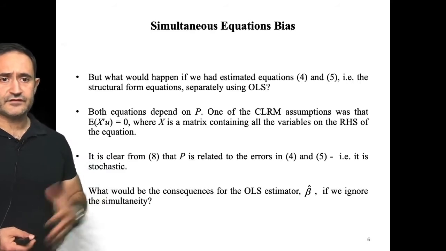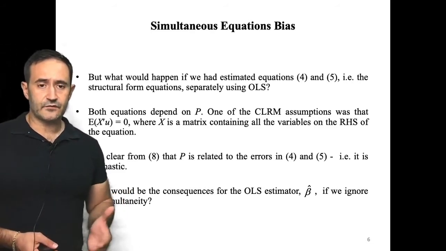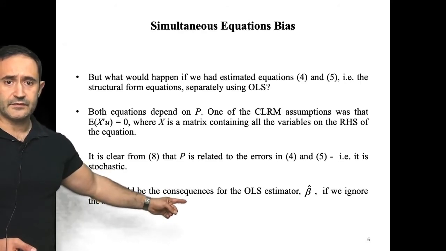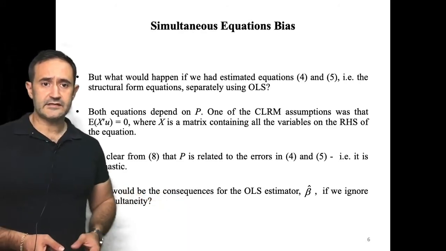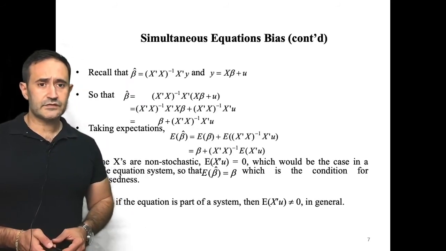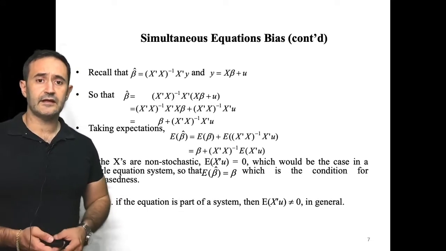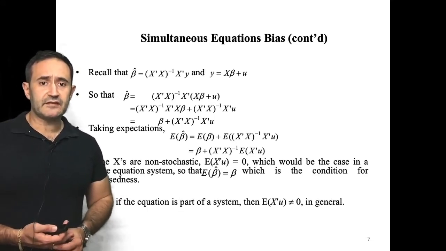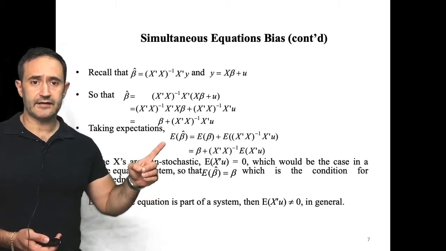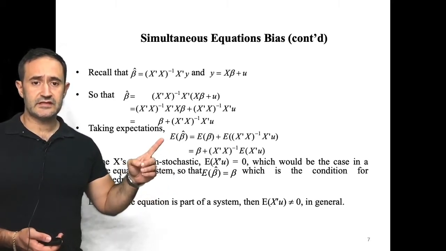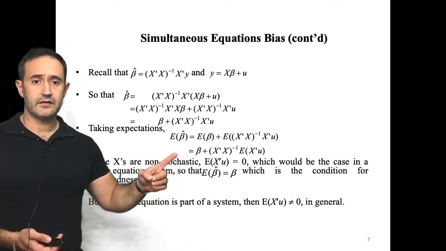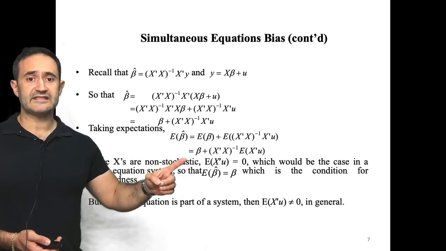So let's suppose that we don't really listen to this advice and we just go through and estimate this beta hat by OLS separately. Well then problems come, because if we obtain the expected value of this beta hat, you would see that it is equal to the real beta plus something else.